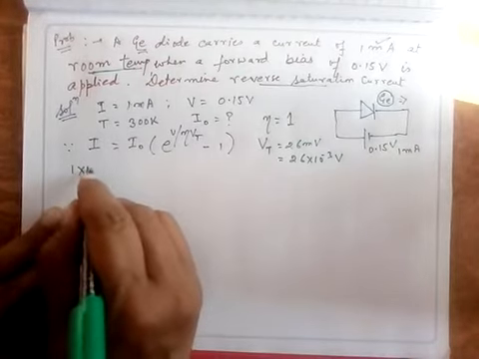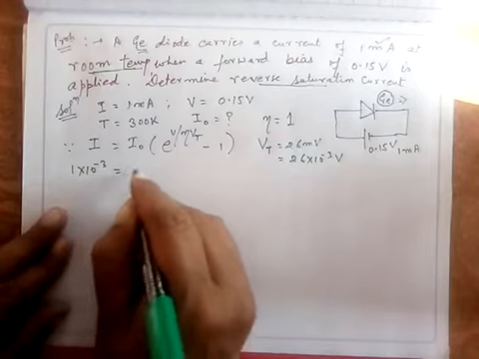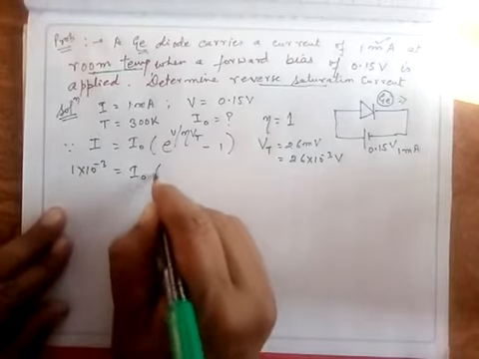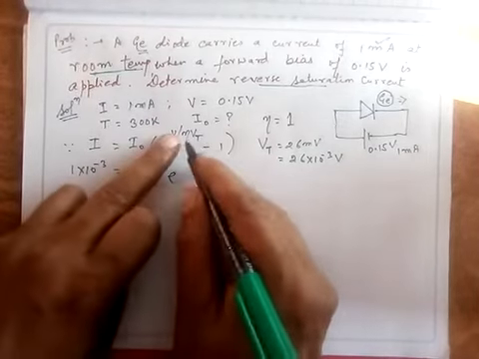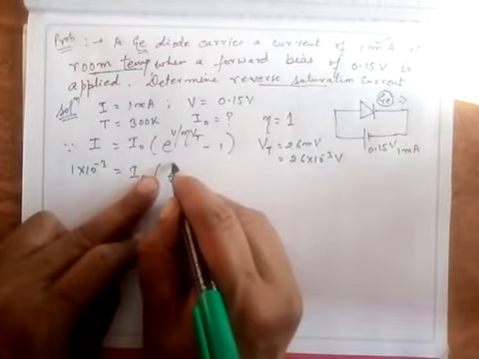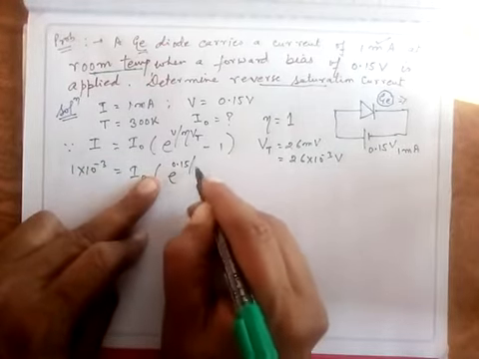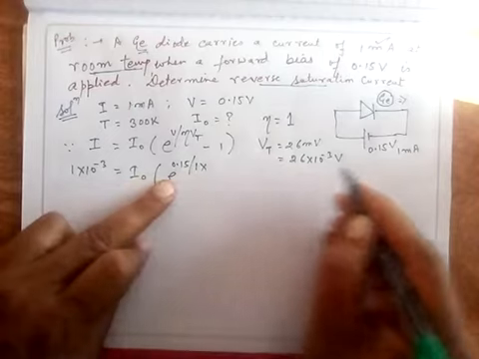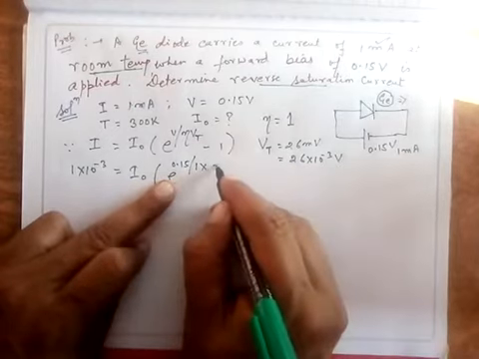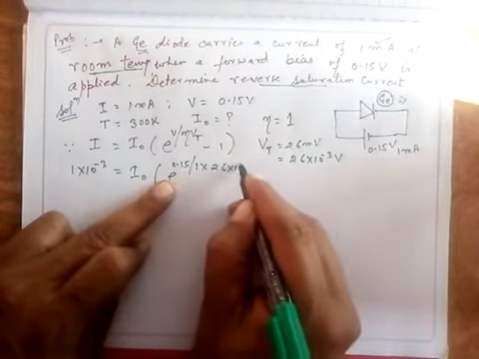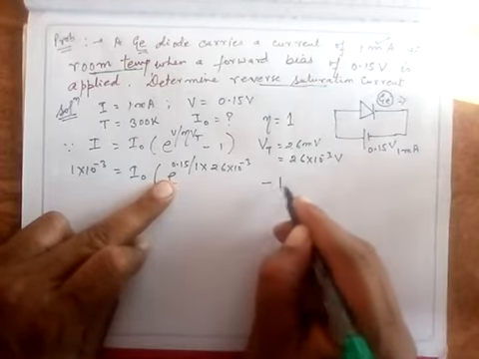1 into 10 to the power minus 3 is equal to I naught into e to the power V, where V is 0.15, upon eta is 1, Vt is 26 into 10 to the power minus 3, minus 1.